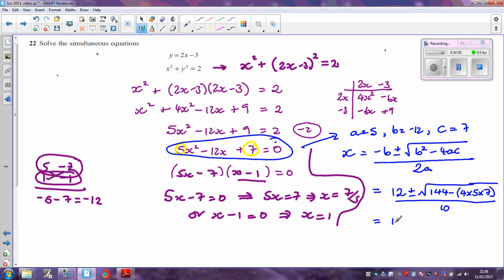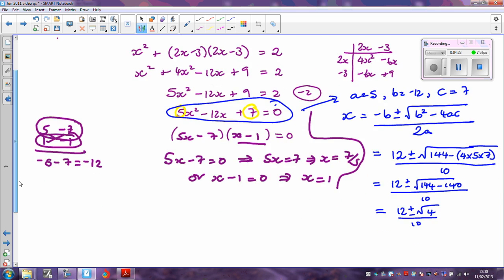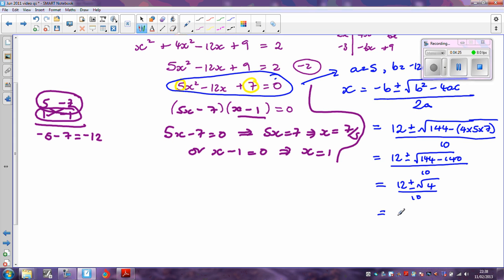So if I keep going, it comes out as 12 plus or minus the square root of 144 minus 140, divided by 10. In other words, it's 12 plus or minus the square root of 4, divided by 10. And if I keep going, that's the same as 12 plus or minus 2, divided by 10.